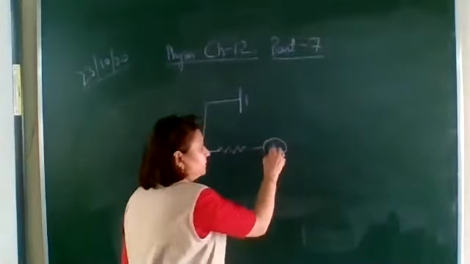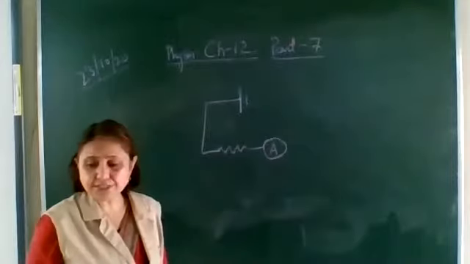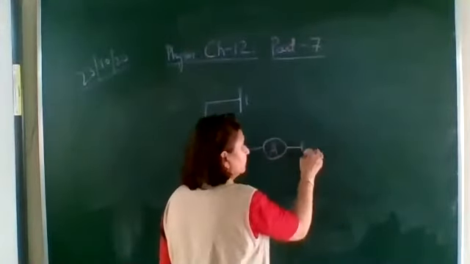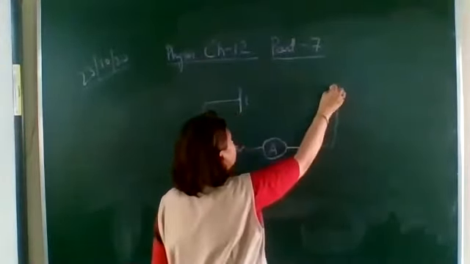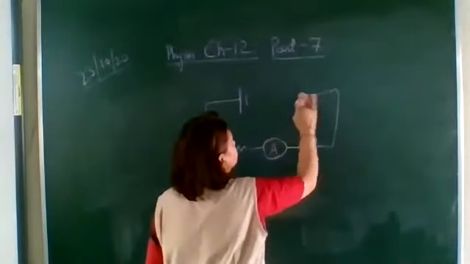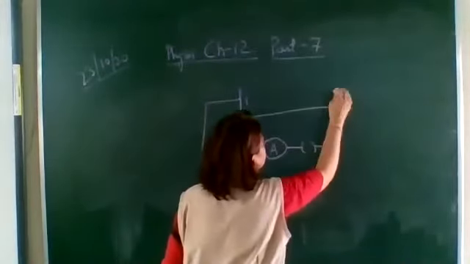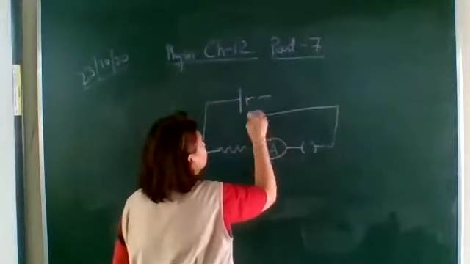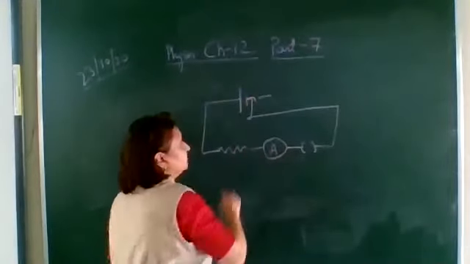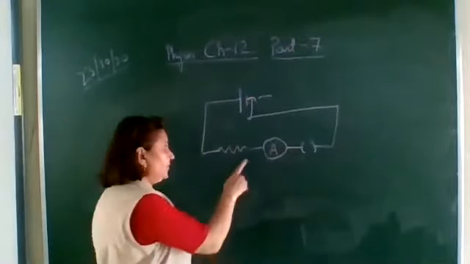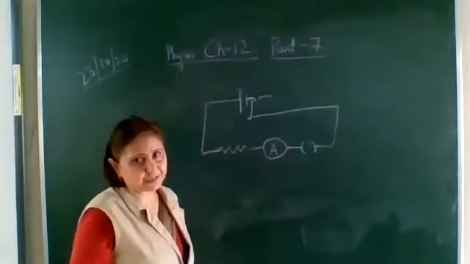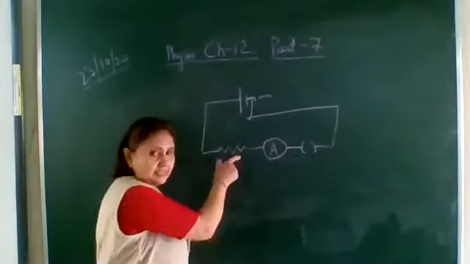And an ammeter, which we know is always connected in series, and a key or a switch. We have to measure the potential difference and the current across this resistance.